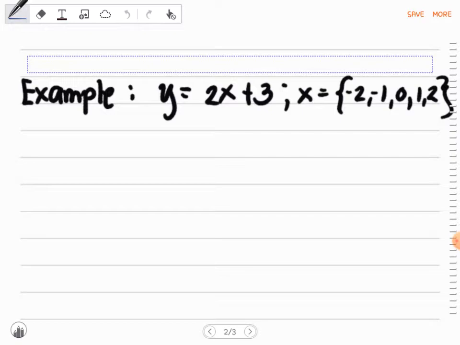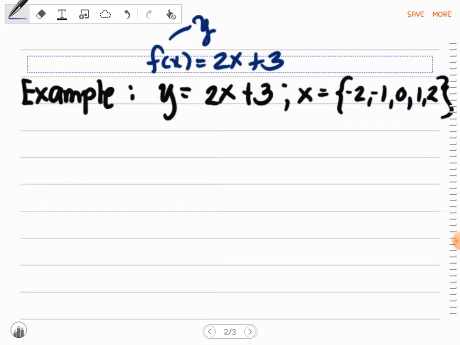So for example, if our given is f of x equals 2x plus 3, we first replace it with y. That's why in our equation we have y equals 2x plus 3. Now, let's solve first for the values of y using negative 2, negative 1, 0, 1, and 2.